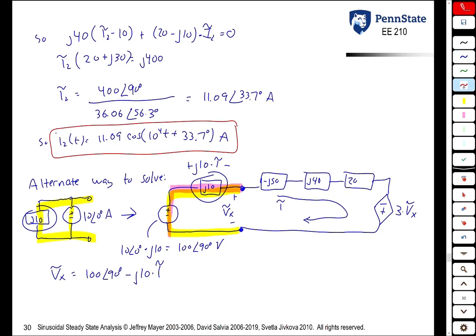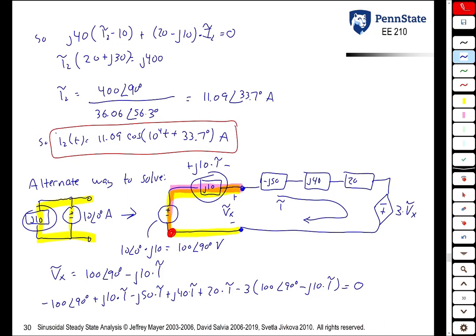So now we can do KVL starting from this point. We get minus 100 at 90 degrees plus J10 times I tilde minus J50 times I tilde plus J40 times I tilde plus 20 times I tilde minus 3 times Vx, which was 100 at an angle of 90 degrees minus J10 times I tilde, all of that equal to 0.